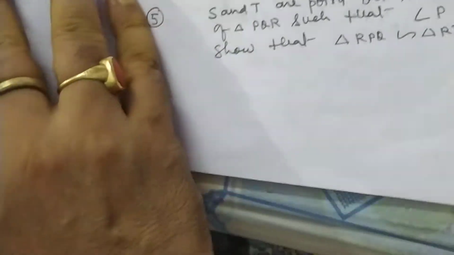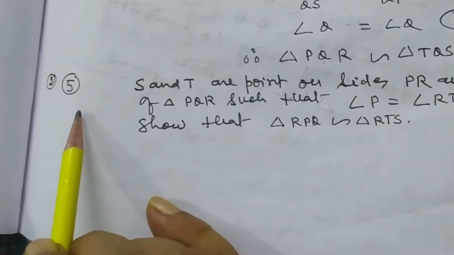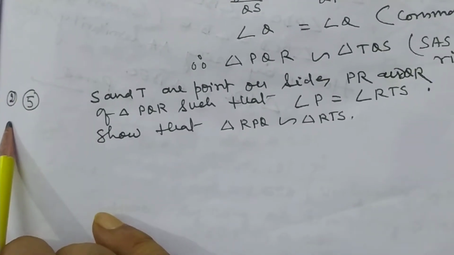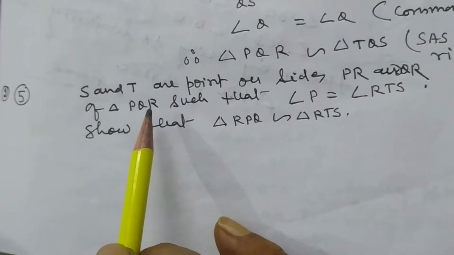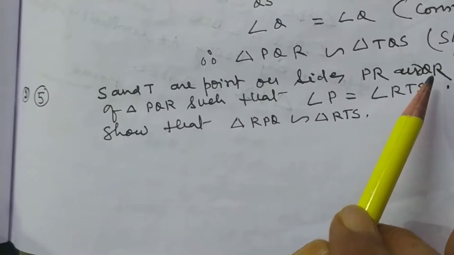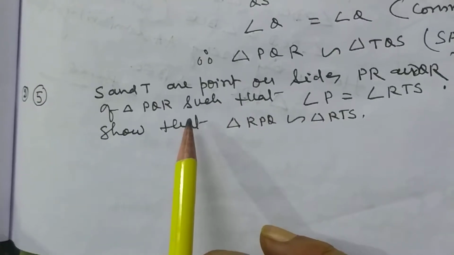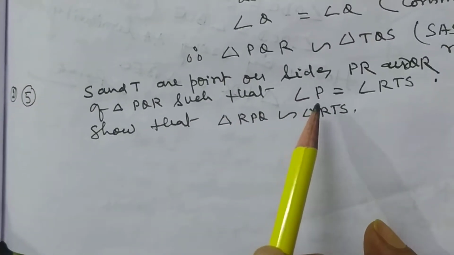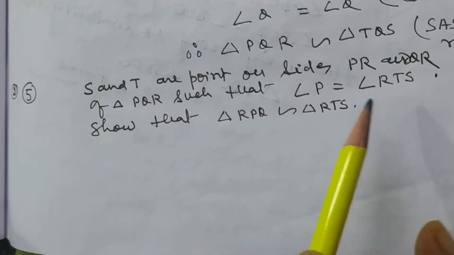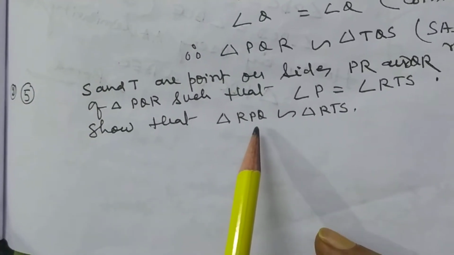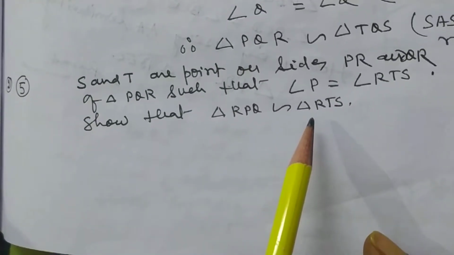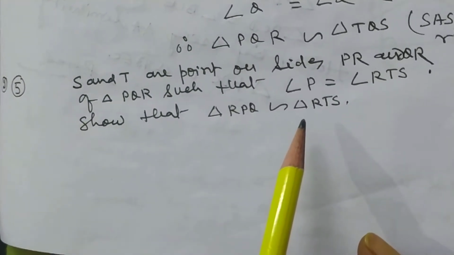Now see, in problem number 5 of NCERT and problem number 2 of this study material, S and T are points on sides PR and QR of triangle PQR such that angle P is equal to angle RTS, so that triangle RPQ is similar to triangle RTS.